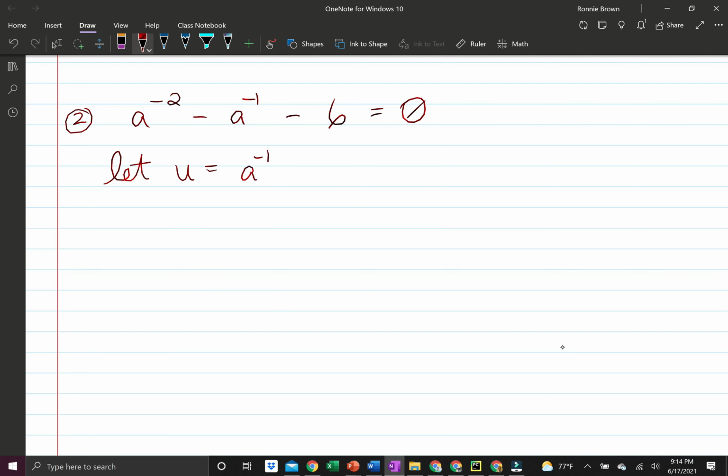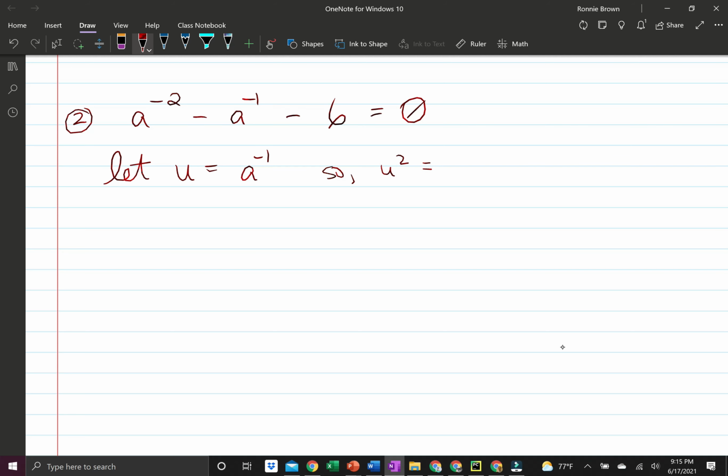So I can go ahead and say, just to clarify that a little bit better, u squared is going to be what? So if I say u is a to the negative first power, what about when I say u squared?